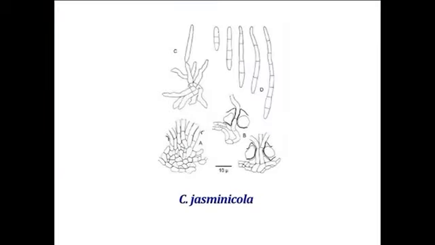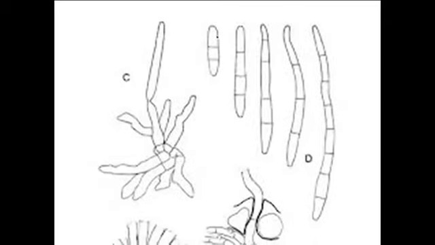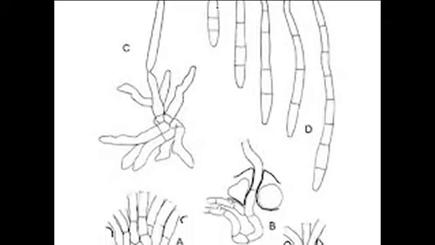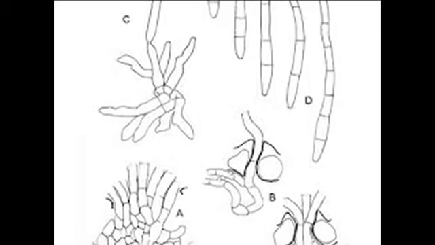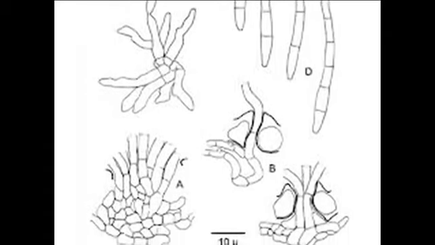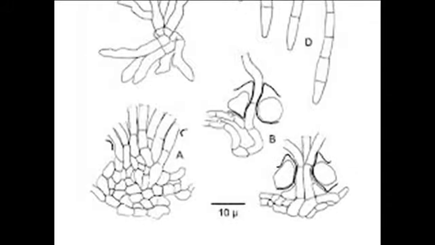Next is the character of this pathogen. Cercospora jasminicola produces conidiophores, which are amphigenous, arising in groups on a dark brown, thick-walled stroma, simple, septate, pale to olivaceous brown, and geniculate with hyaline and narrow tips.